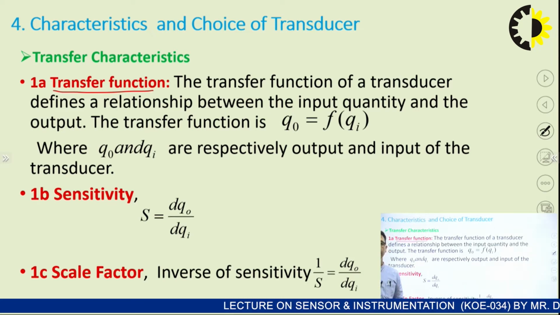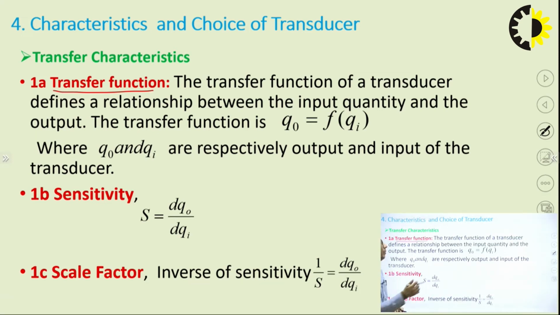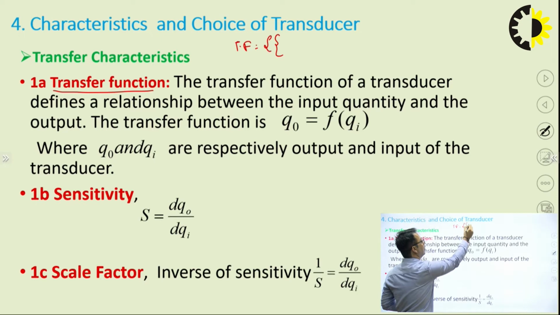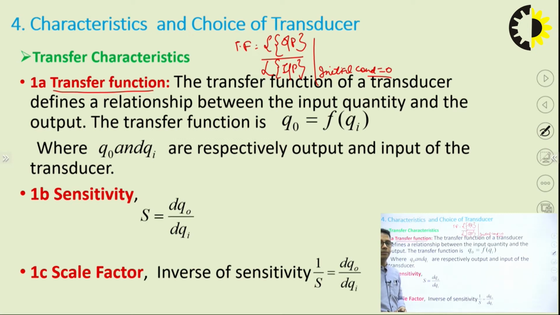Transfer function is that quantity which relates input with output, and mathematically we define it as the Laplace of output over the Laplace of input, keeping all the initial conditions equal to 0.